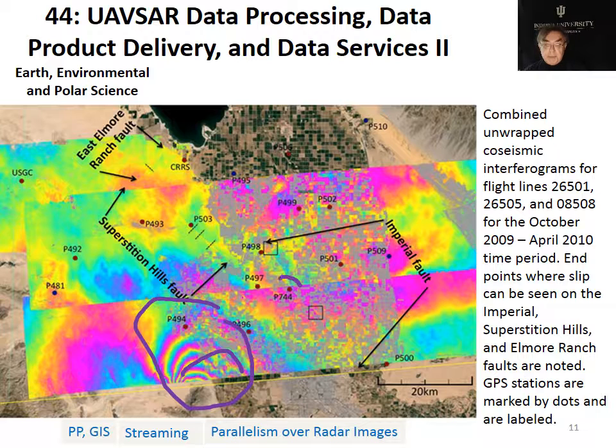And here are GPS stations, which you feed into simulations, which are also used in this analysis. You have data from satellites and data from actual fixed Earth-located GPS stations.